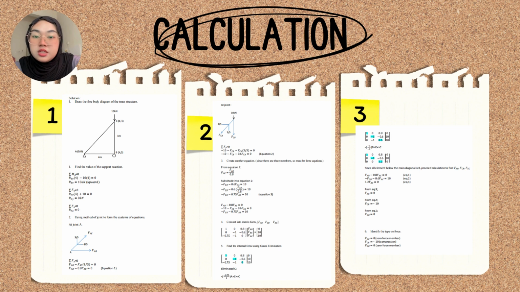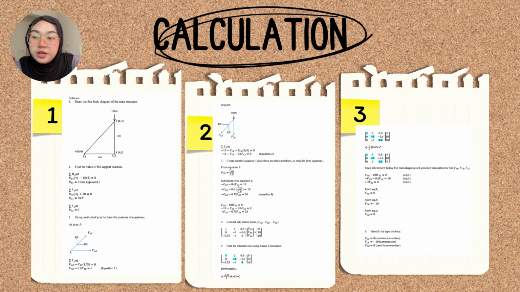As we need to eliminate negative 0.75, we use the formula of negative bracket, where inside the bracket is negative 0.75, the element that we need to eliminate. We divide it by the element of the main diagonal in the same column, which is 1.